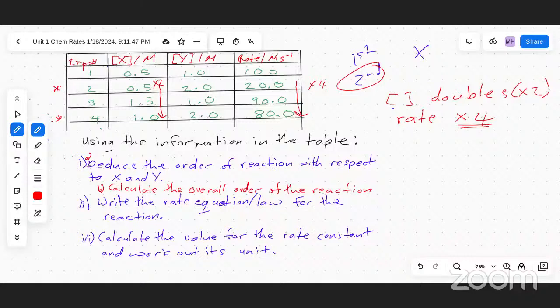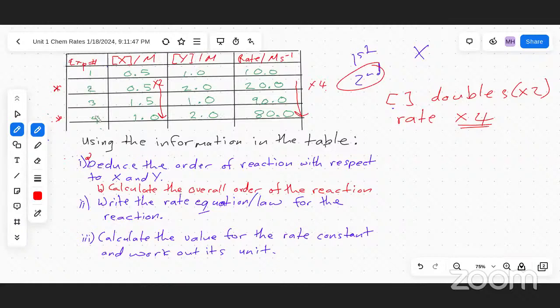All right. So for anyone watching, if you are seeing this for the first time, we're calculating the order of reaction. For example, we want the order of reaction for X. We have several experiments here, so we look for 2 experiments where we change the concentration of X. But for those 2 experiments, the concentration of Y must not change.